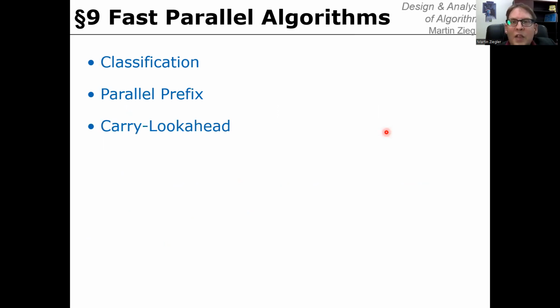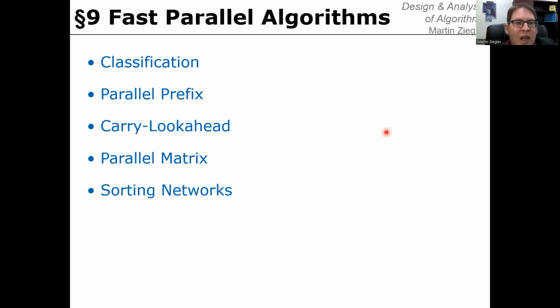We'll apply that to devise and analyze the carry look-ahead adder for fast addition of long binary integers. We discuss parallel matrix algorithms, and we discuss sorting networks, in particular Bitonic sorter.